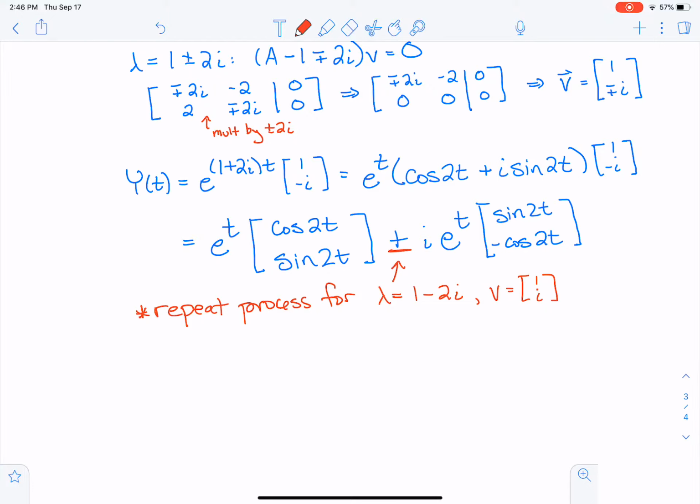So instead of plus i e to the t times that vector, you'll get minus i e to the t times that vector.